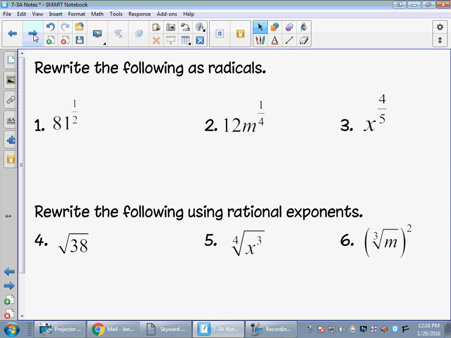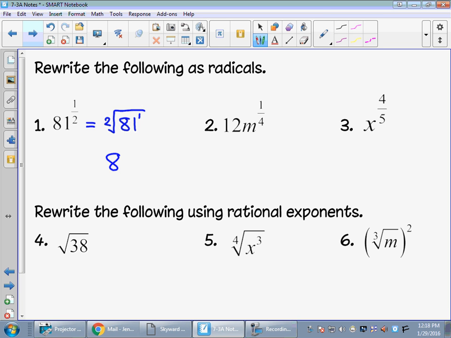So the first 3, we're taking powers written with rational exponents and rewriting them as radicals. So for the first one, when I have 81 to the 1/2 power, what that really converts to is the 81 goes inside the radical, and I'm taking the square root of it. So I could put a 2 here and the 1 here if I wanted to, but 81 to the first is kind of understood.